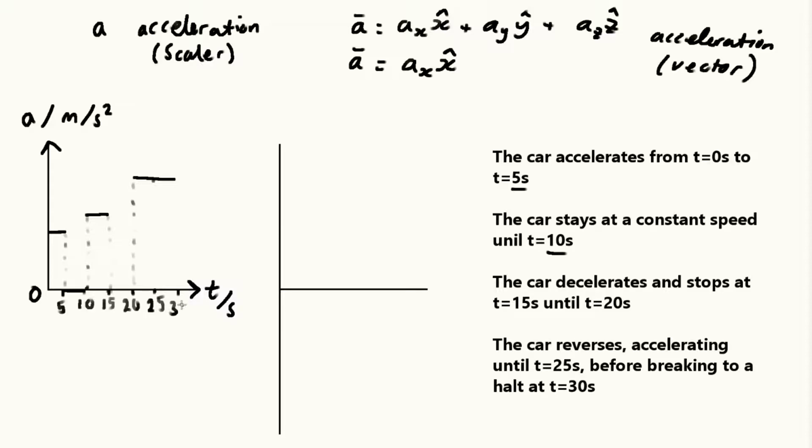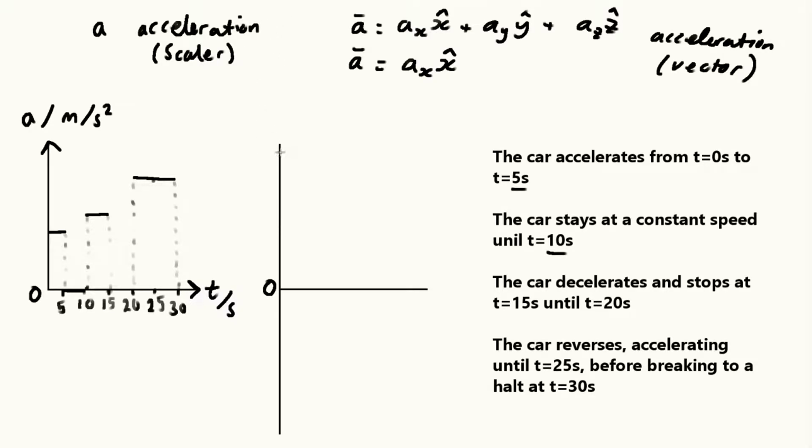And then our acceleration will stop as it comes to a halt by 30 seconds. So we can draw a dotted line down here. This may look confusing, but this is because we've lost a lot of information when drawing an acceleration scalar graph rather than an acceleration vector graph.